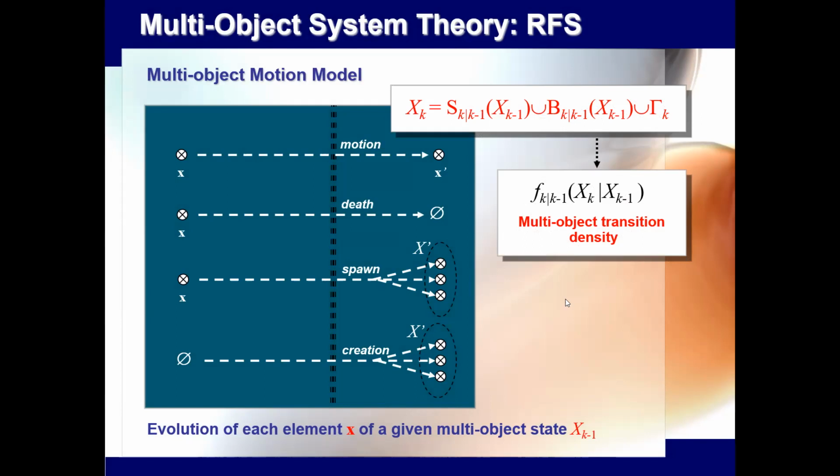If the object is out of the scope of the sensor, we call it a death. Or think about a live cell: it could die because of some phenomena, and it could also divide into multiple cells, or there could be a cell born, and so on.